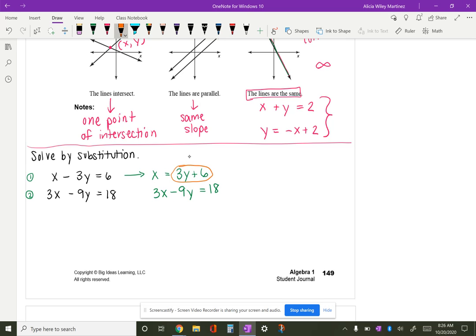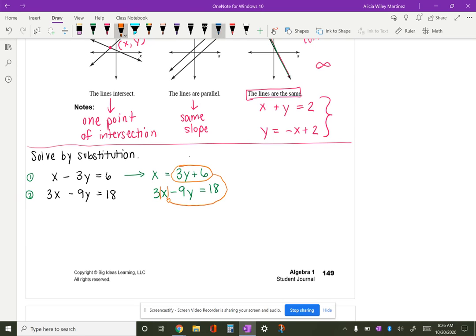Since I know x is 3y plus 6, I'm going to plug it in for x right where I see x. Make sure that you're only plugging it into x, not 3x. That's why I like to put parentheses around what I'm plugging in, so it only takes the place of that.